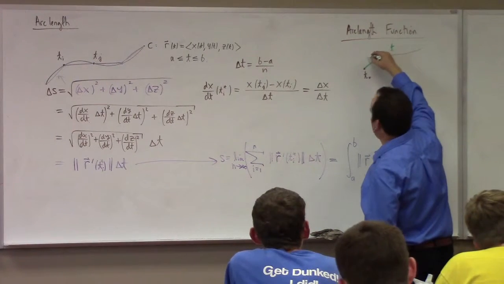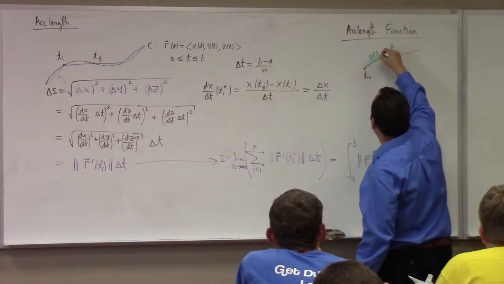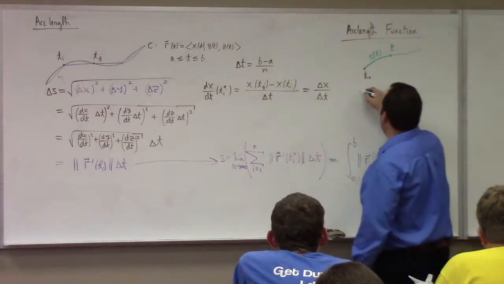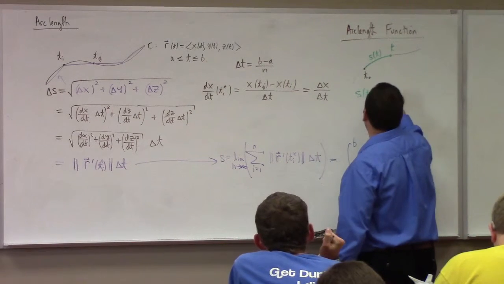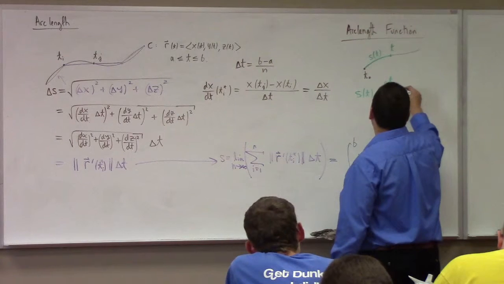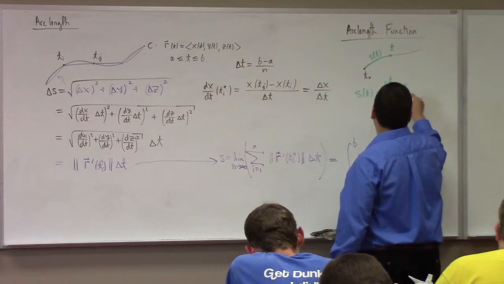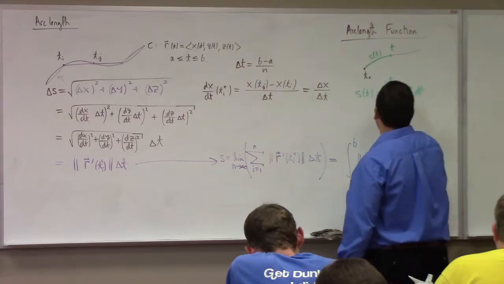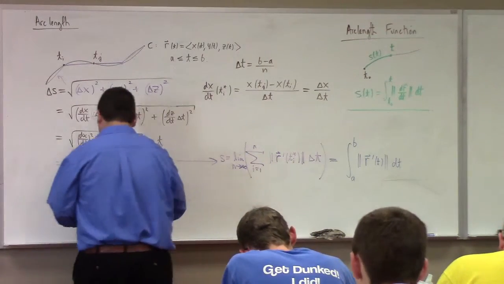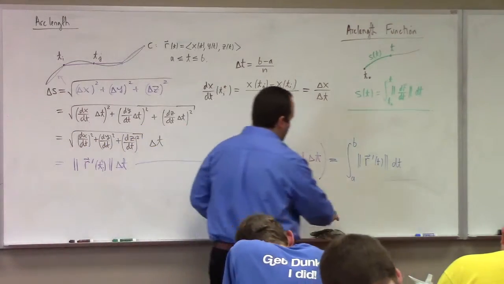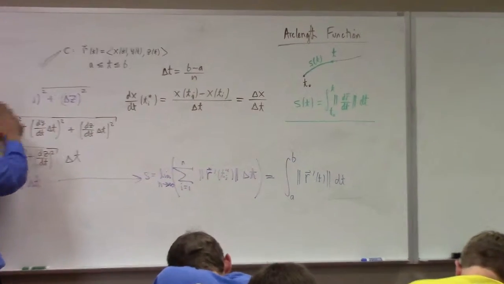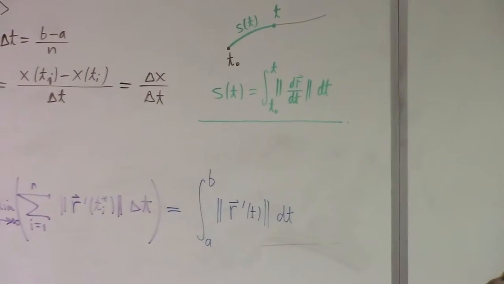So this is what we would call s of t, based at t naught. So s of t, by definition, is the integral from t naught to t of the length of, let's say, dr dt, dt. That's the arc length function. Any questions?